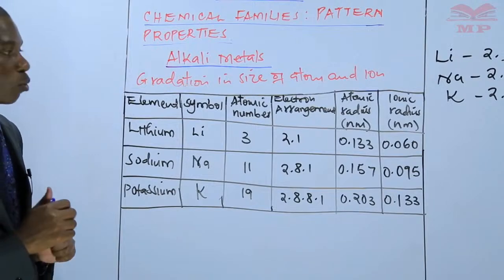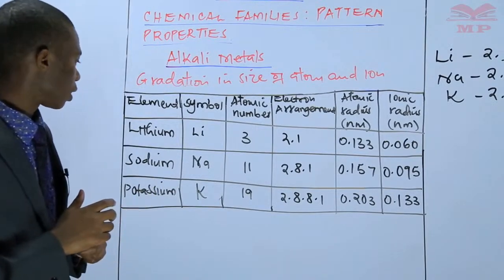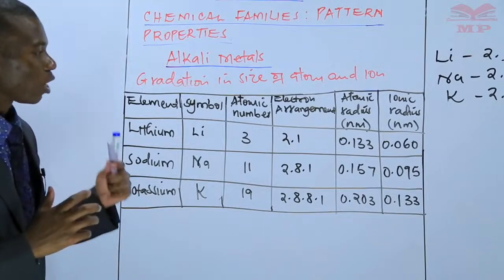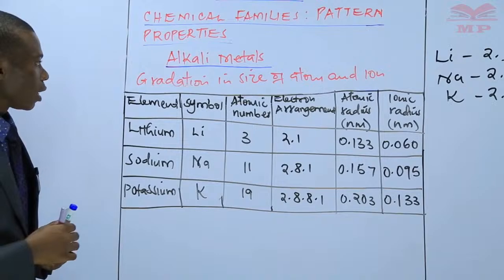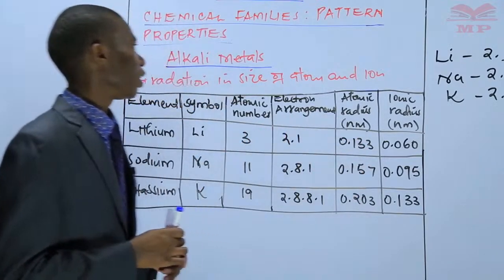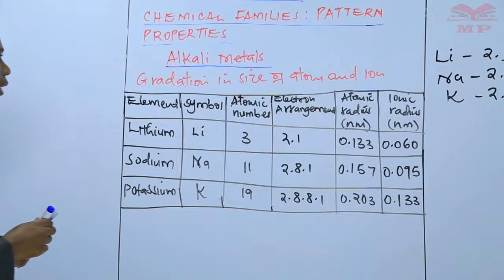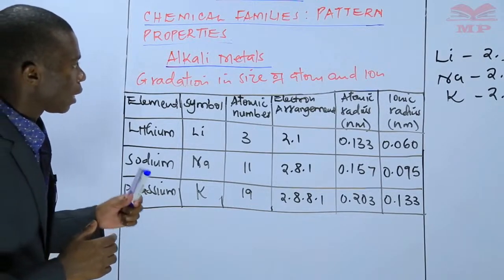Then for sodium, the ionic radius is 0.095. And for potassium, the ionic radius is 0.133. If you look at the atomic size and the ionic radius sizes, then both are increasing down the group.